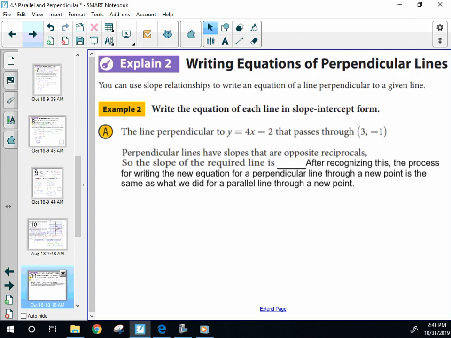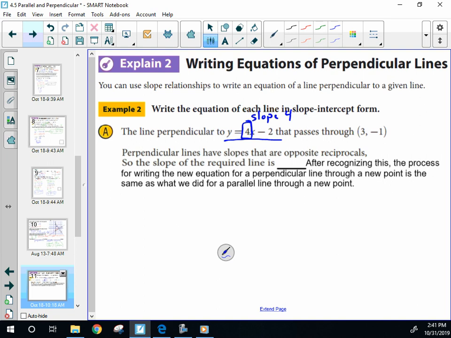When I write my equation of perpendicular lines, it's very similar, but what we do have to note is the slopes are different. So if I want to write the equation of the line, for example, 2 letter A, the line perpendicular to y equals 4x minus 2, and go through the point 3, negative 1. My line right here has a slope of 4.